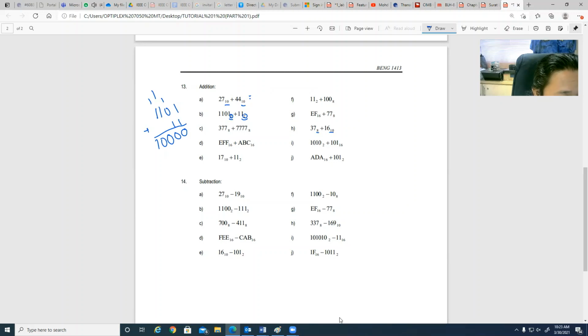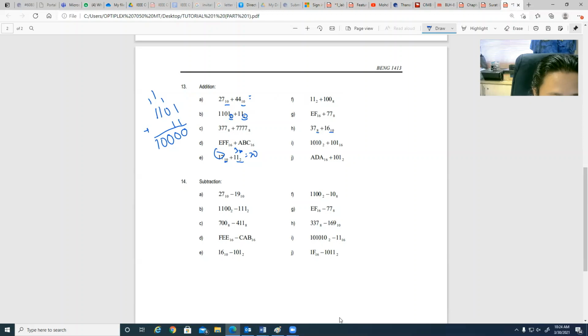Okay, and then this one is binary, but this one is in decimal. So you can convert 17 to binary, then you can add. Or this one, you convert to decimal, so it will be 3. For example, 3 power of 10, so 17 plus 3 will be 20.